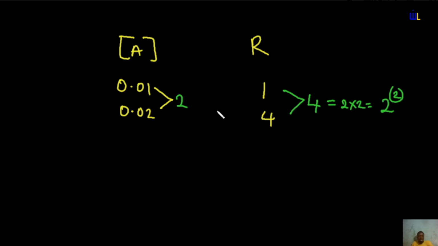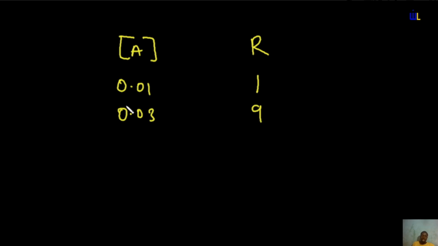Let's consider another example. Let's find the factor of increase here. I told you how to find the factor: it is this divided by this. So this is going to be 0.03 divided by 0.01. And the factor of increase here is going to be 3. Now, for the factor of increase in the rate, it is going to give us 9. What you need to know, this is not a first order reaction because it's not 3 and 3. So let's find what order of reaction it is.